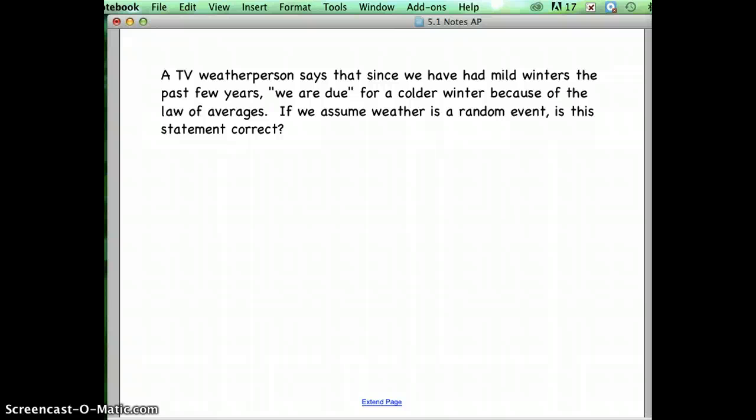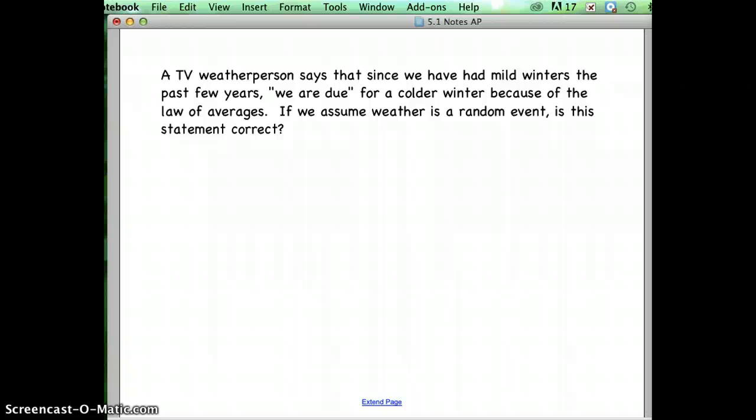A TV weather person says that since we have had mild winters the past few years, we're due for a colder winter because of the law of averages. If we assume weather is a random event, is this statement correct? I think that weather person is maybe trying to use the law of large numbers that we had on the first page.